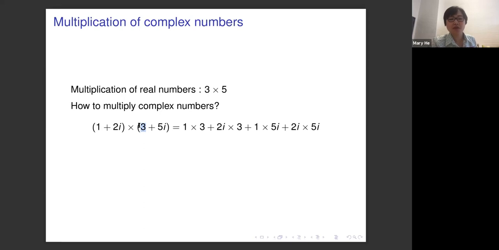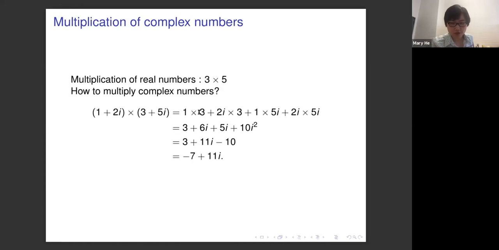So I first use 3 to multiply with 1. So I get 1 times 3. And then I use 3 to multiply with this 2i. So I get 2i times 3. And then I use this 5i to distribute and multiply with 1 and 2i. So I get 1 times 5i plus 2i times 5i. So I just write these four products and try to add them up.